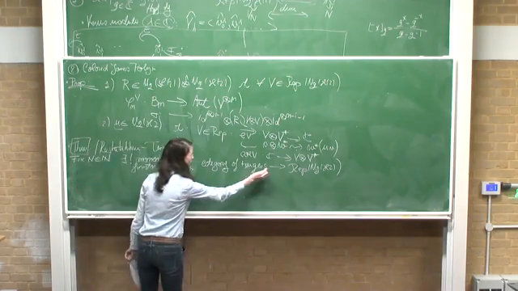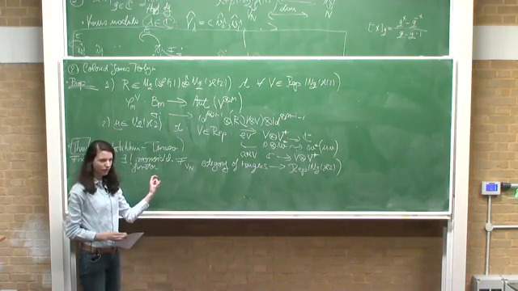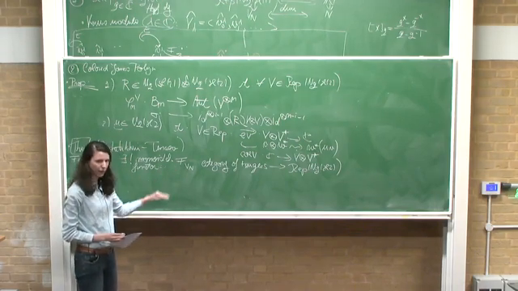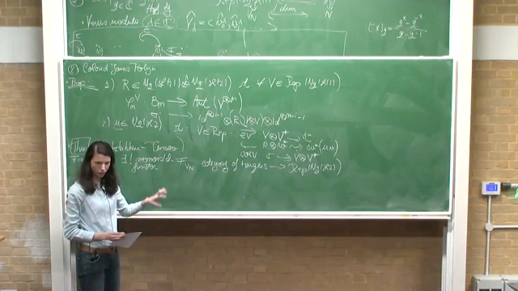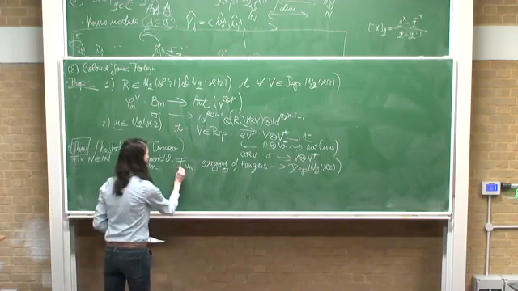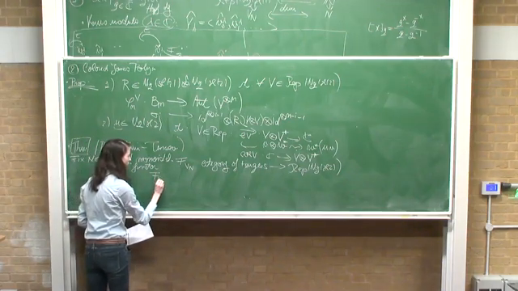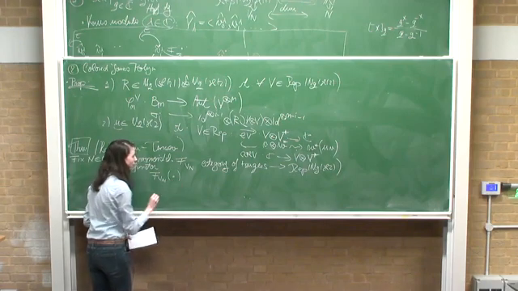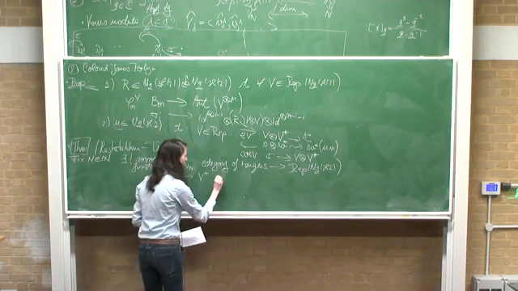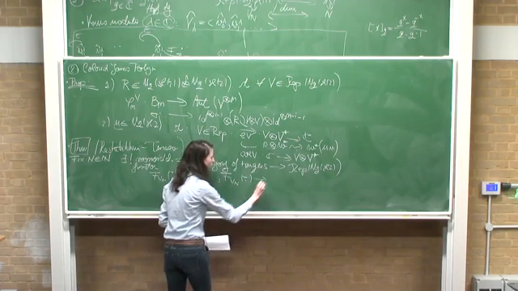Here I will not enter into many details, but the category of tangles has as objects sequences of points with signs, and morphisms are oriented tangles between those sequences of points. What we require from this functor is that F_n of a point with plus will be sent to V, and F_n of a point with minus will be sent to V star.